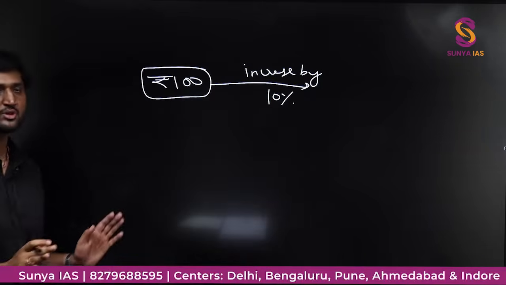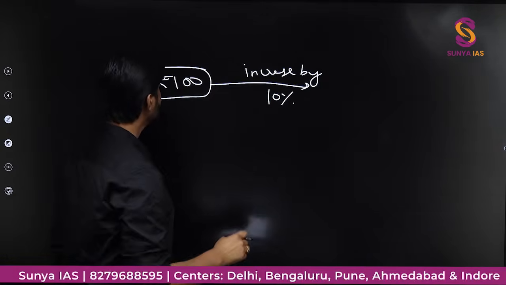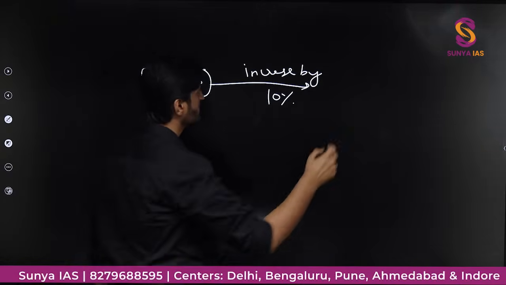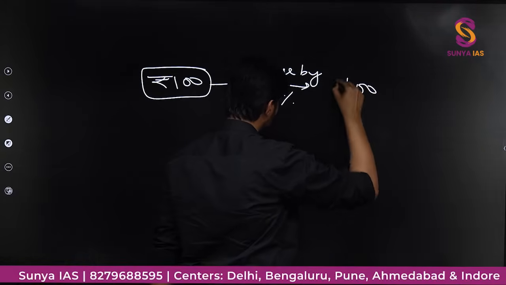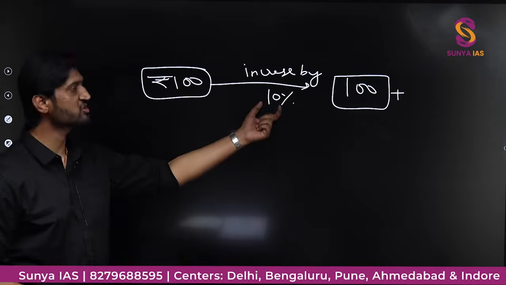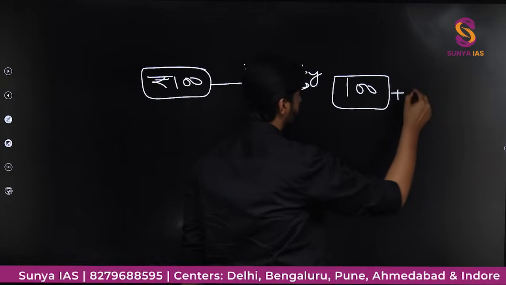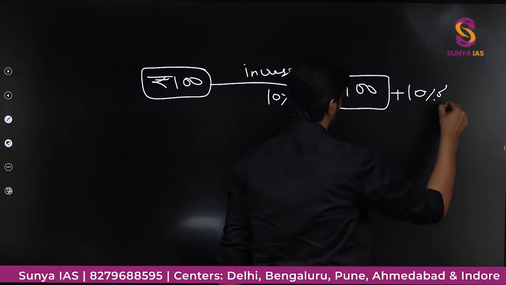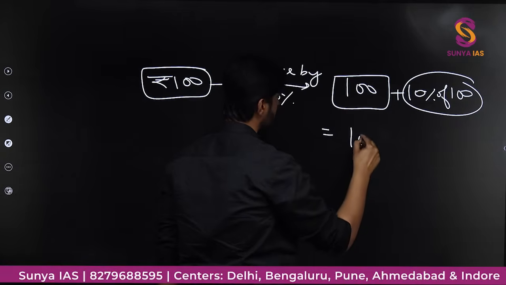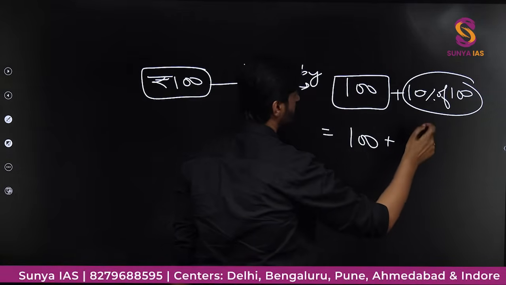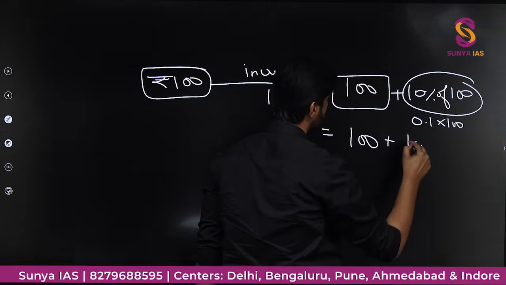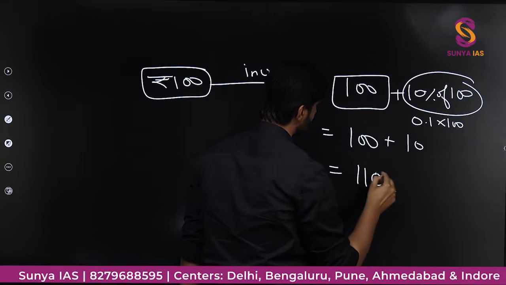What you have to do is simply understand the fact that if this amount increases by 10%, it will be equal to the original amount which was already there plus some increase. The increase is how much? 10% of the original amount. So you will write 10% of 100, and so this amount is 100 from initially. This will become 0.1 into 100, ultimately it will become 10, and you'll get the final amount as 110.